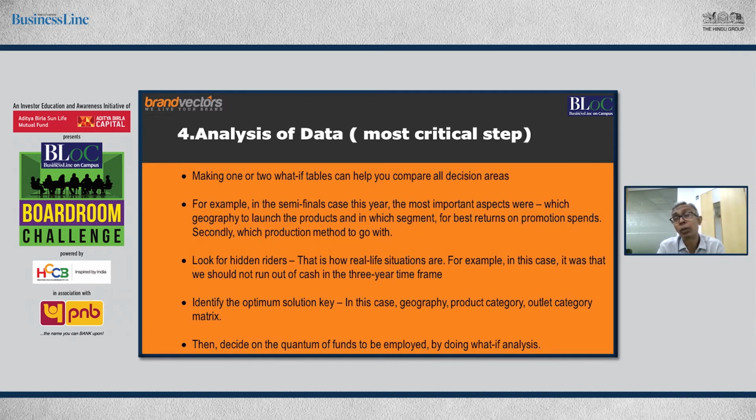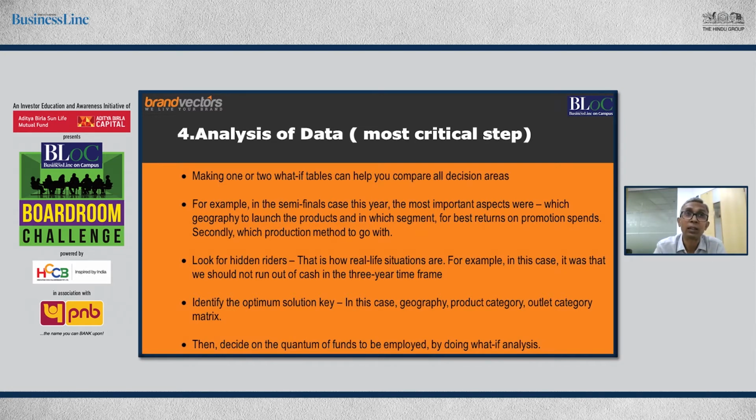Then look at the optimum key solution. For instance, in this current case that we had in this semi-final, we had to identify which geography we should be in for us to get the maximum bang for our promotion money. So take a particular amount of money, put it into all these boxes and see where it gives us the maximum return.